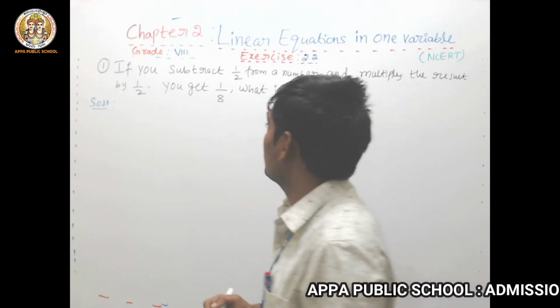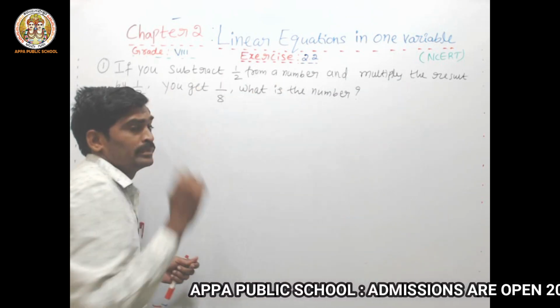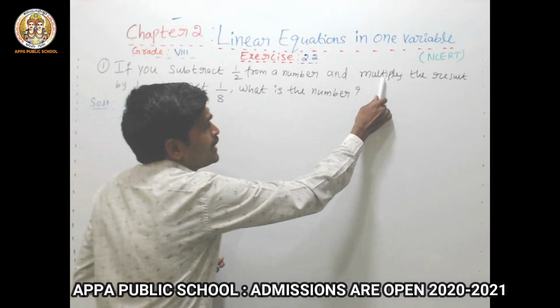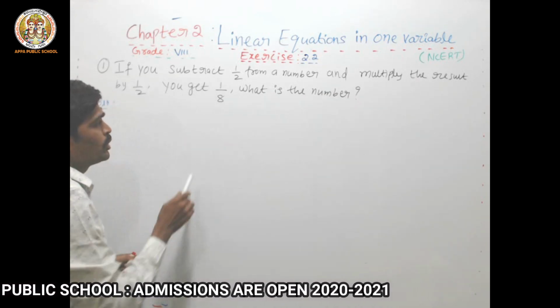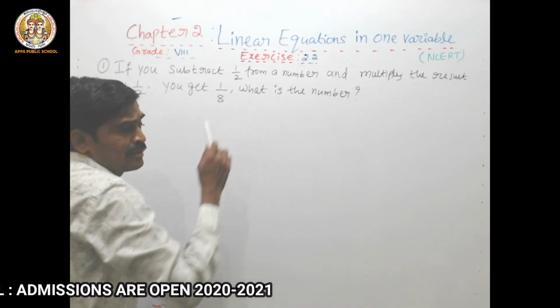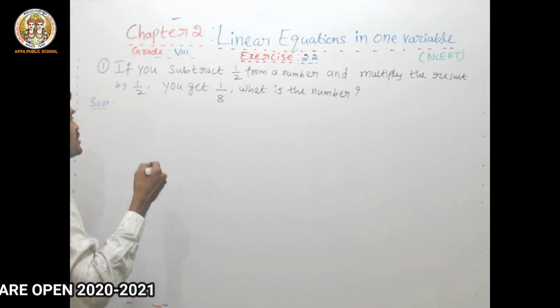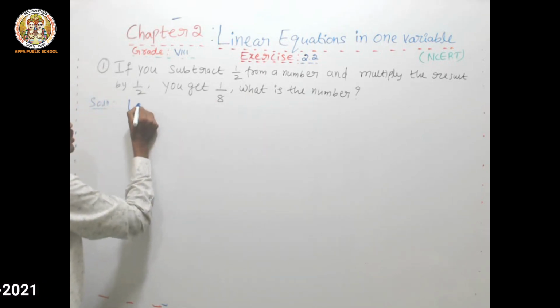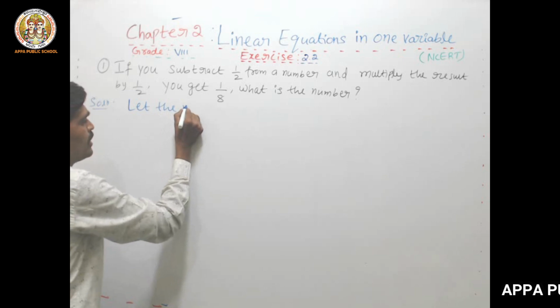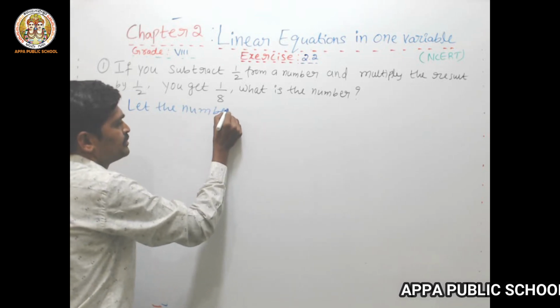See, if you subtract 1 by 2 from a number and multiply the result by 1 by 2, you get 1 by 8. What is the number? My dear students, we don't know the number, that's why we let the number be x.